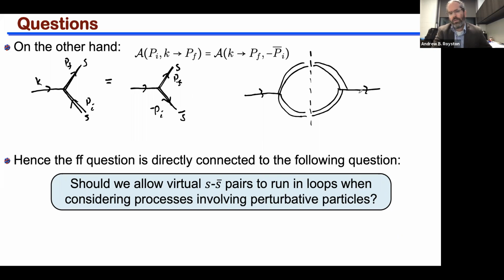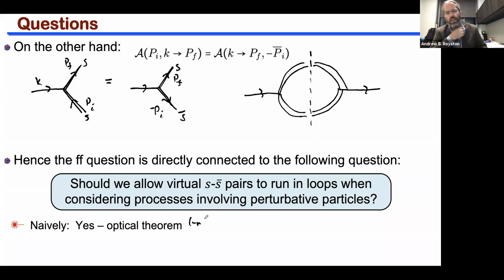This question has been thought about for a long time. Naively, the answer is yes, because of the optical theorem, or because of unitarity of the S matrix, we should allow all intermediate states to run in loops, and that includes the soliton-anti-soliton pair.